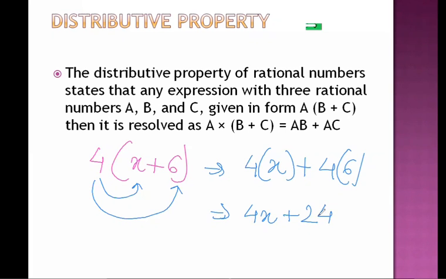So what did I do? What did I write it as? When A is multiplied by the sum of two other digits, then the answer would be AB plus AC. This is AB plus AC.